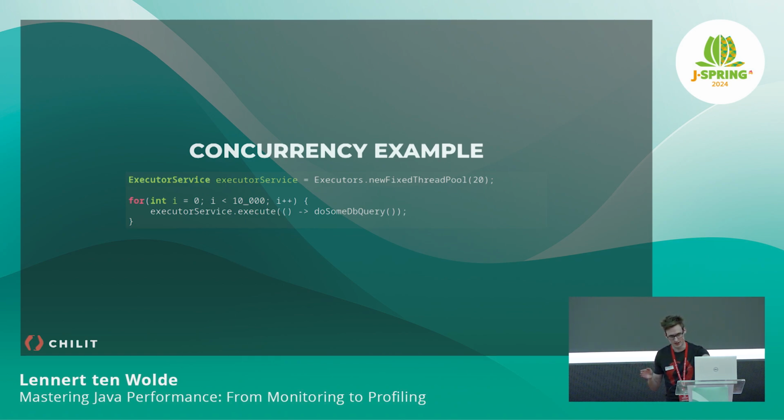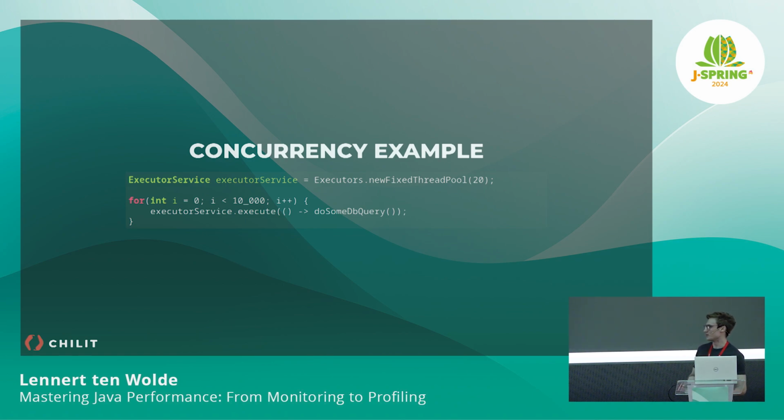But rather than this executing immediately, let's say you have a function called doSumDBQuery, it's going to do this by adding this into a queue, and the 20 threads in the thread pool are going to take from this queue and process it so that 20 of these things can happen concurrently. And if you have 20 CPU cores, then very likely all of your cores are going to be doing something here.